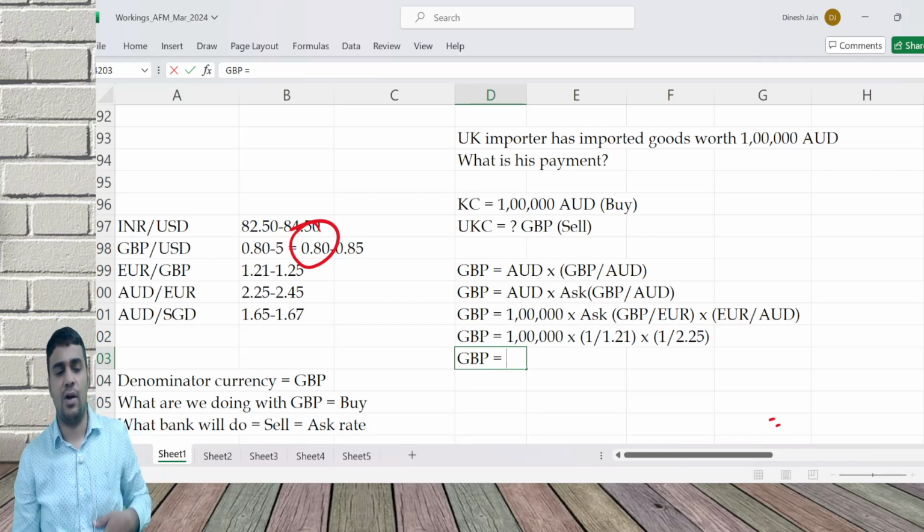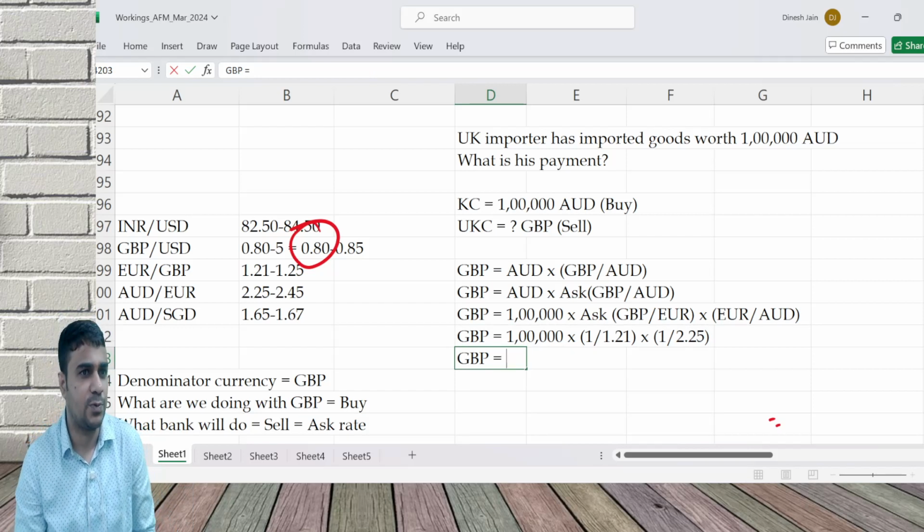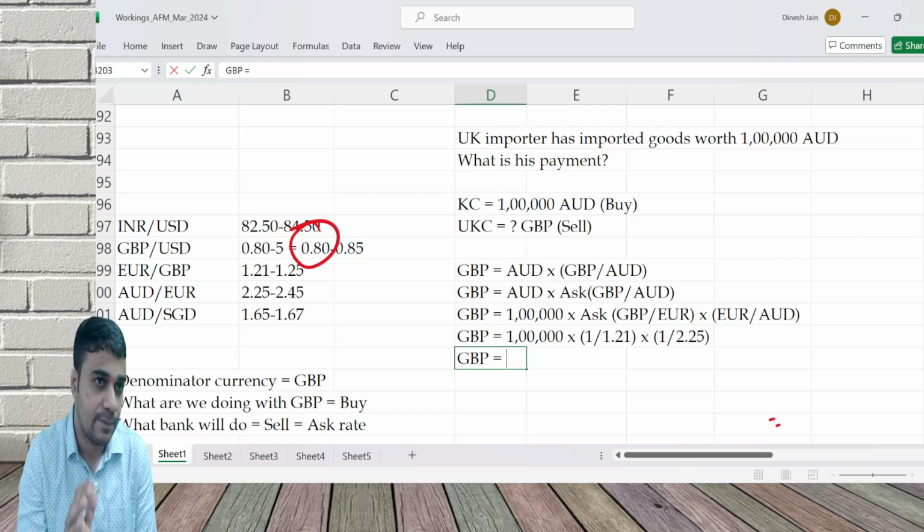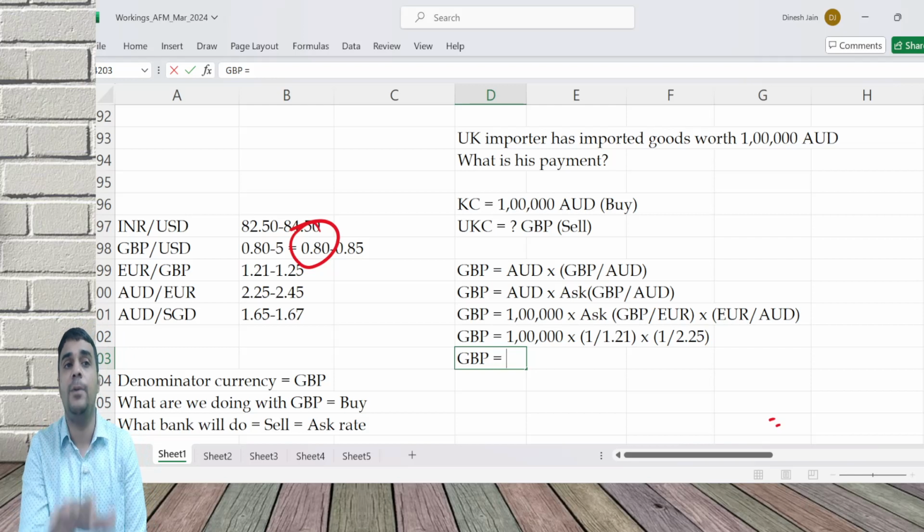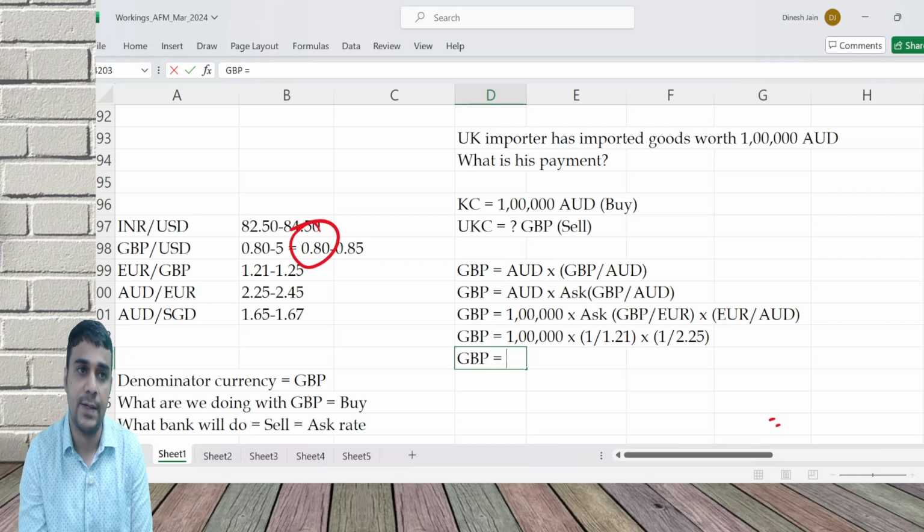Whatever is the answer, that's not my major concern; it's just to explain the concept. Any doubts on this? This is what we are going to do extensively. If you are able to pick this up properly, any type of question on Forex will become simpler. But if you keep making mistakes, I cannot help it. When I gave you so many examples, most of you got it right because you don't know much about Forex.